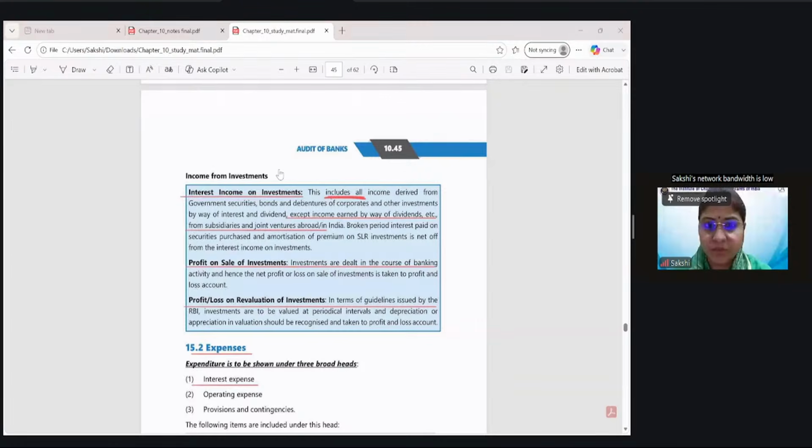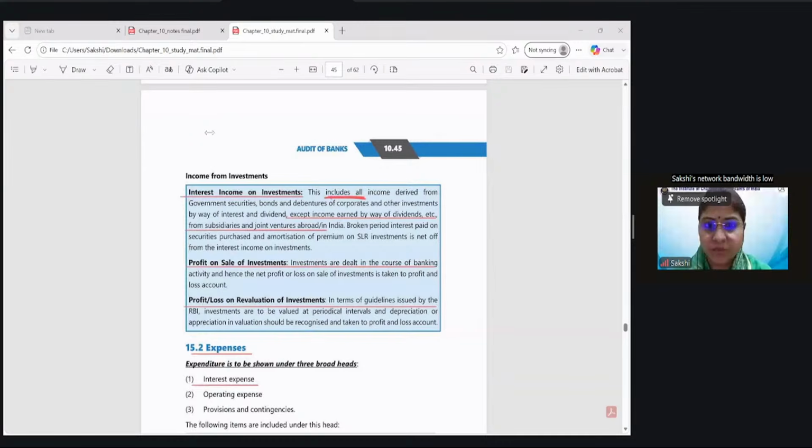Visible, right? Okay. So it says this includes all the income derived from government securities, but not the dividend income from your subsidiaries and joint ventures. Plus, they say that the broken period interest plus the SLR investment premium on amortization will be netted off from the income from investment. This is the whole concept of it.